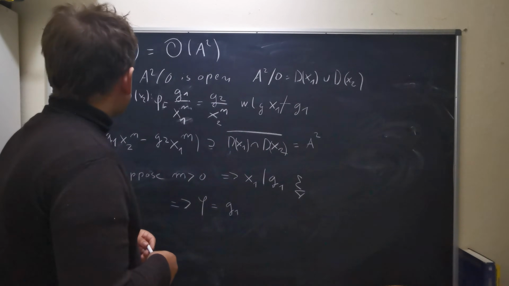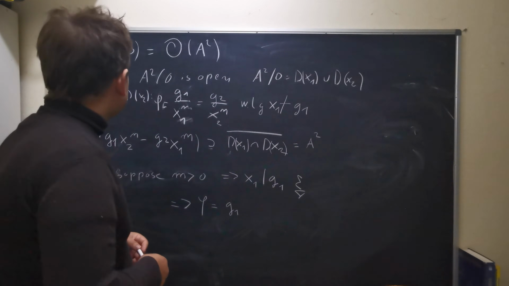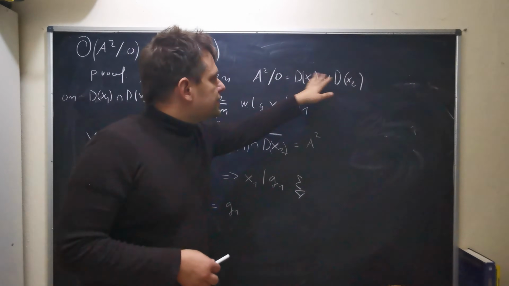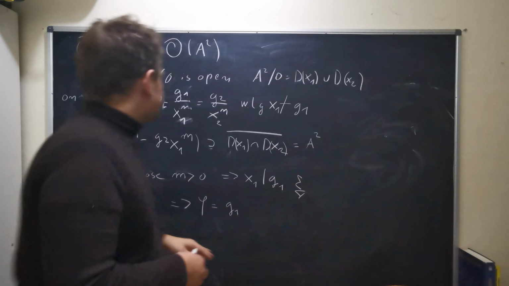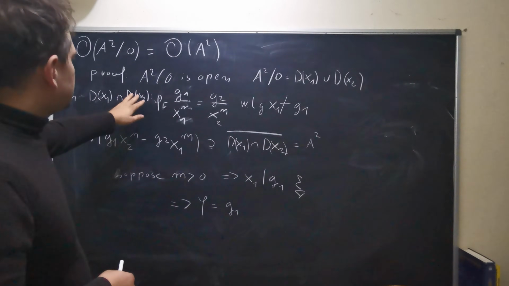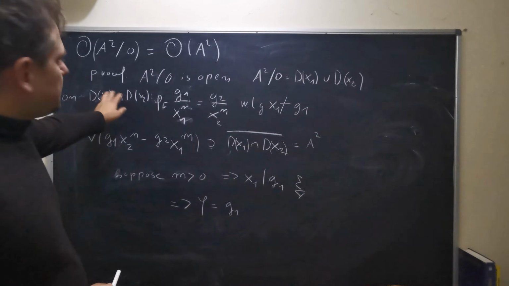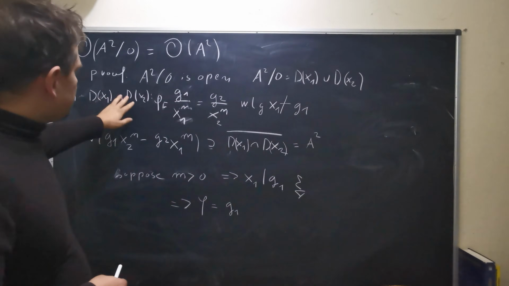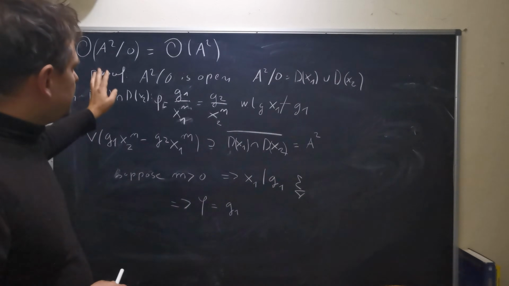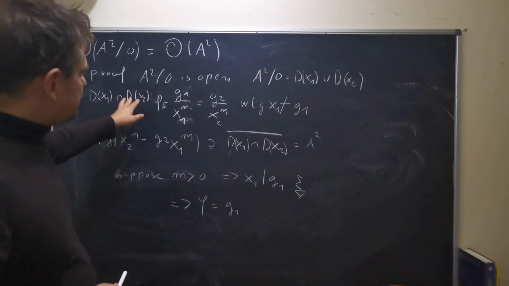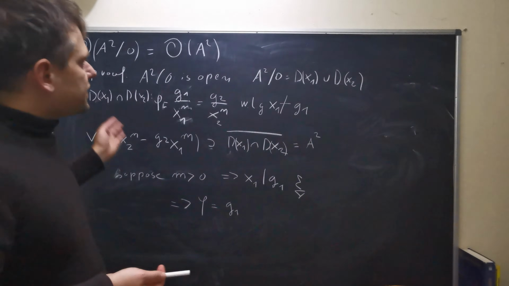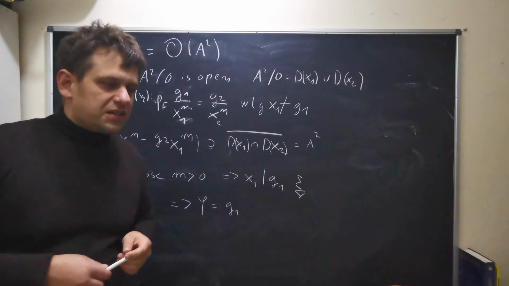And since these are both open sets, of course, their intersection is also open. And on this open set, the intersection of these two distinguished open subsets, we can look at regular functions.